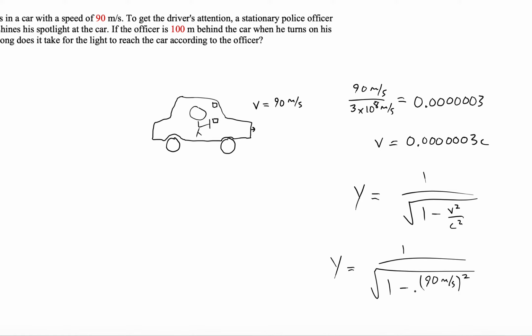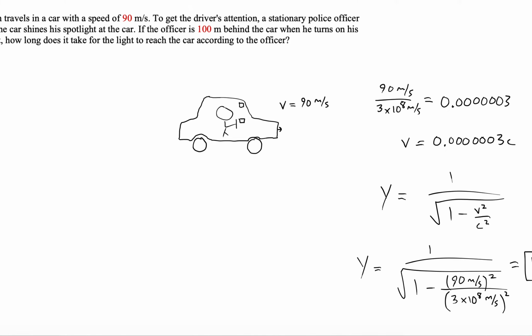We'll square that and then divide by 3 times 10 to the 8th meters per second, and then square that. Okay, so my calculator just says it's basically 1. It's not different enough from 1 for the calculator to even give me an answer.